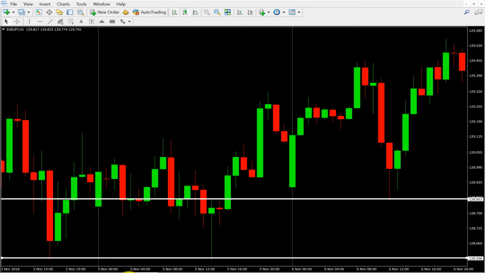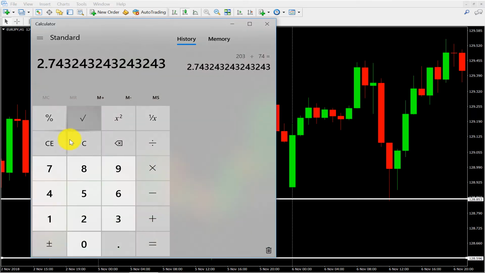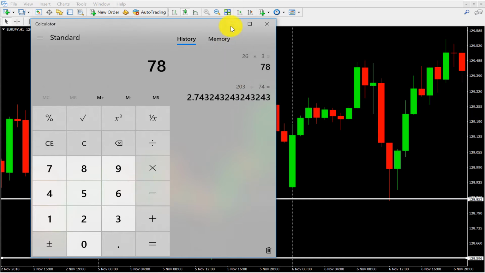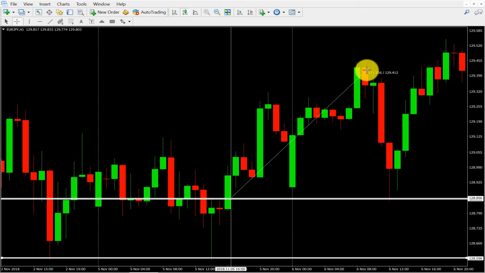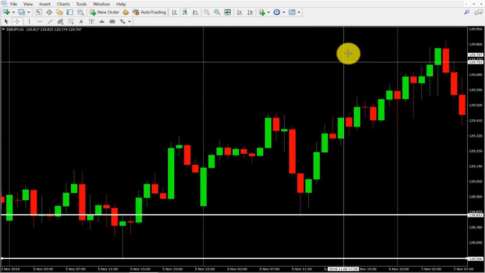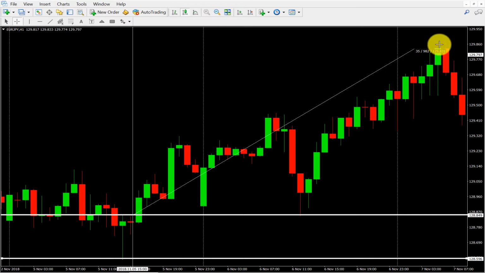If we calculate, 26 into 3 is 78 pips. If we take 1:3, 78 pips is here.